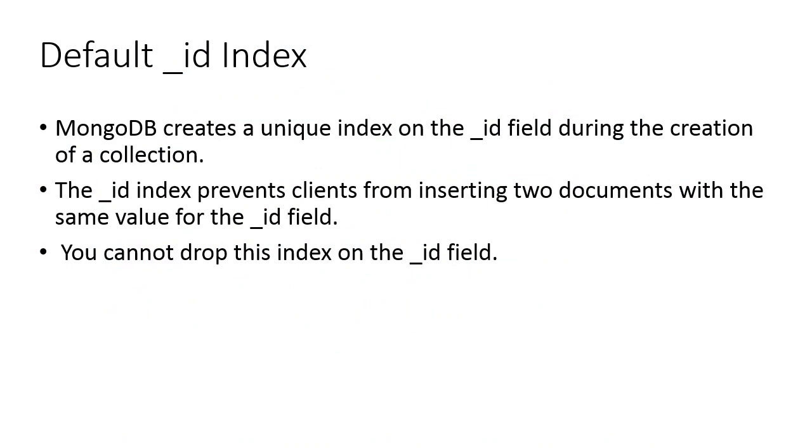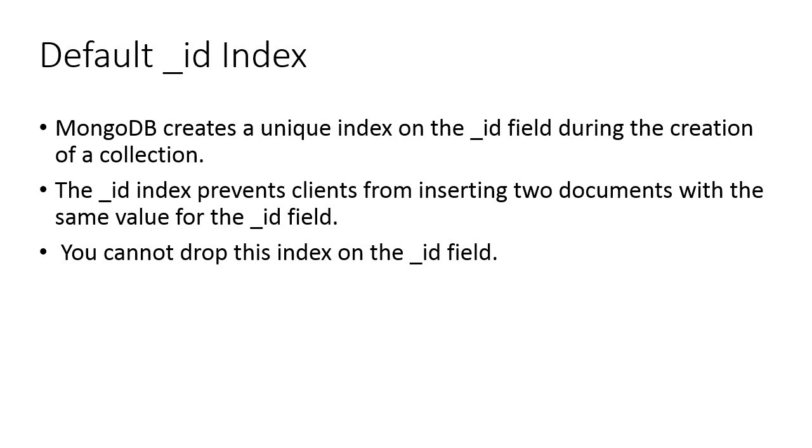MongoDB creates a unique index on the underscore ID field during the creation of the collection. The underscore ID index prevents clients from inserting two documents with the same value for the underscore ID field. That is what makes it unique. We cannot drop this index on the underscore ID field.